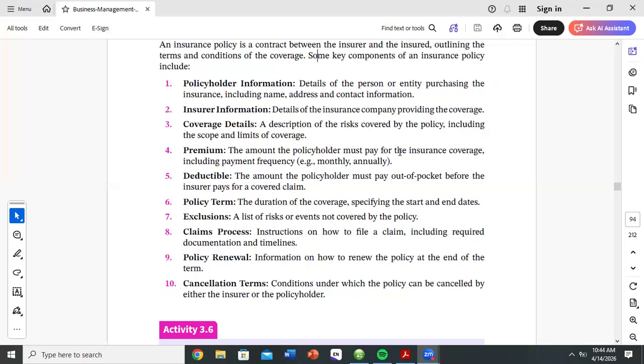The premium: the amount the policyholder must pay for the insurance coverage, including payment frequency, for example monthly or annually. Yes. So the premium talks about how much you are supposed to pay, whether monthly or annually. Most insurance companies, I think, take monthly premium payments, right? Okay. And then we go to the next one, which is number 5, Prof. Josephine.